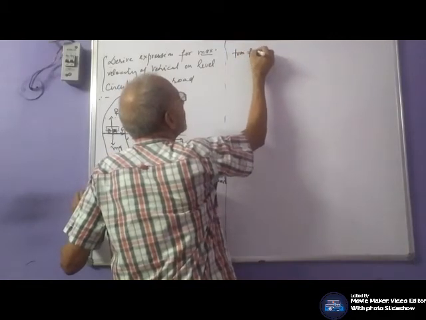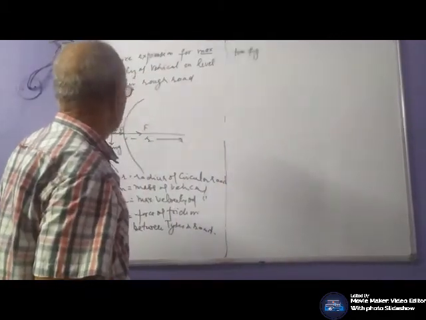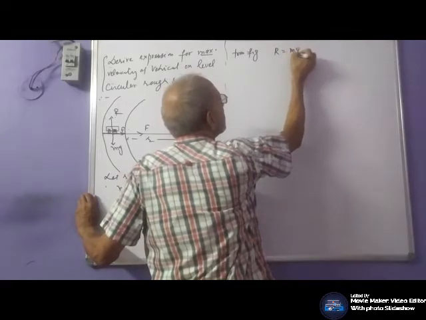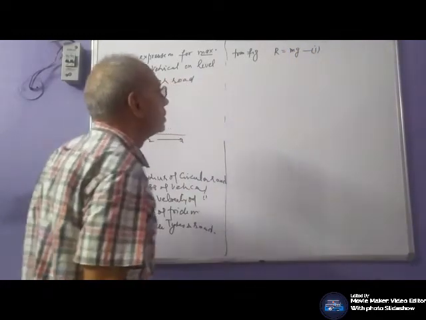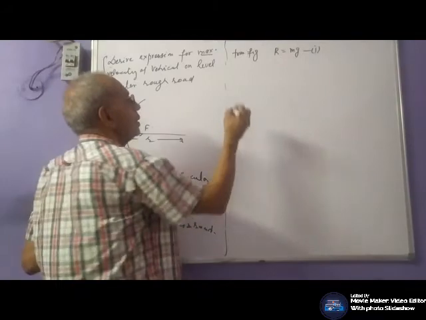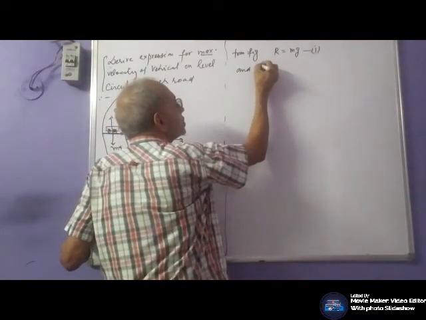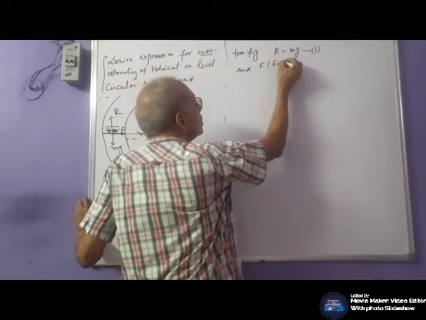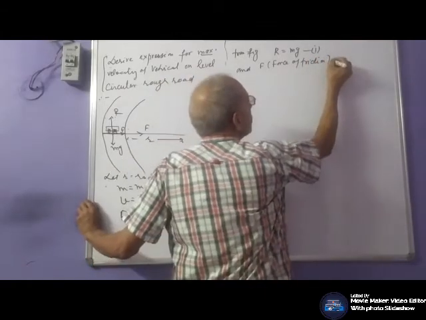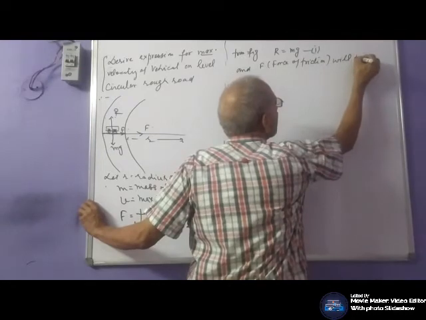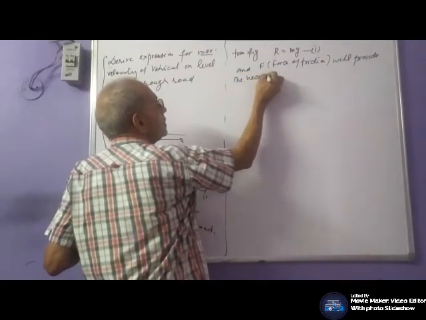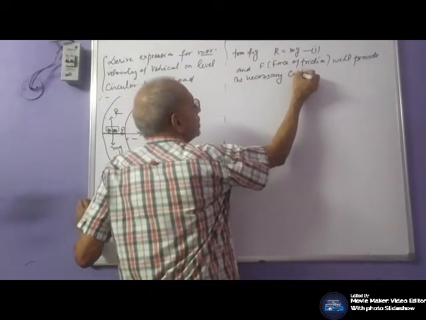From the figure, R is mg. And force of friction will provide the necessary centripetal force.